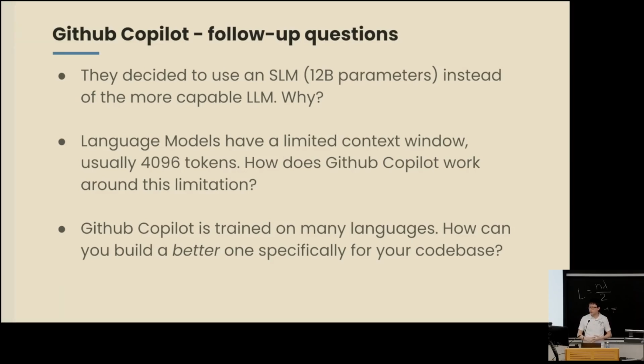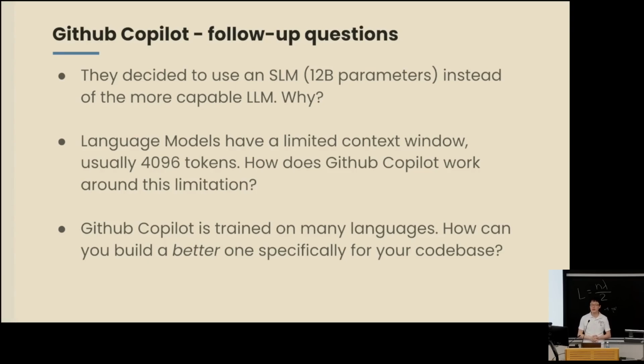And the final question about GitHub Copilot is, GitHub Copilot is trained on all public repositories found on GitHub in all sorts of languages. So how can you build a better version of GitHub Copilot specifically for your code base?